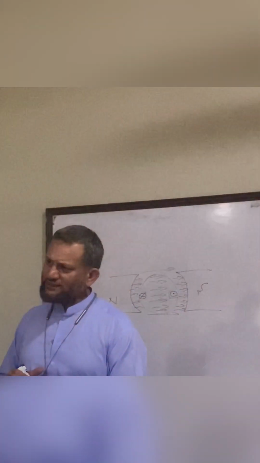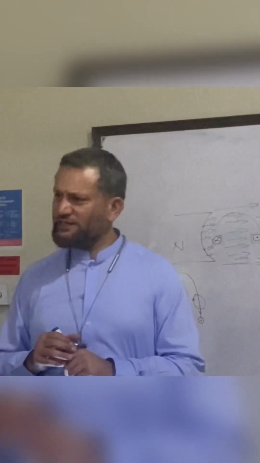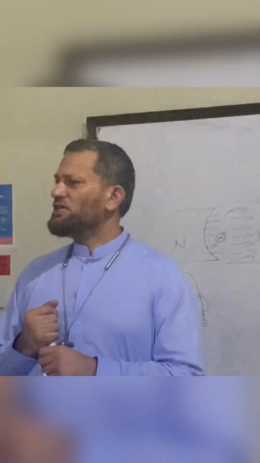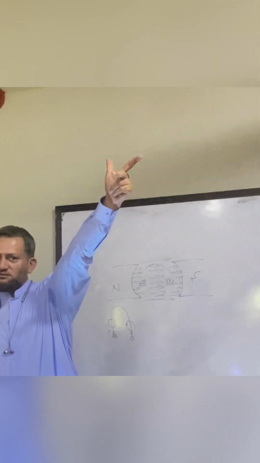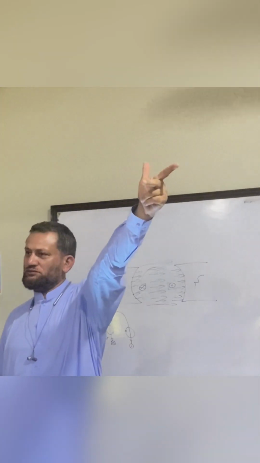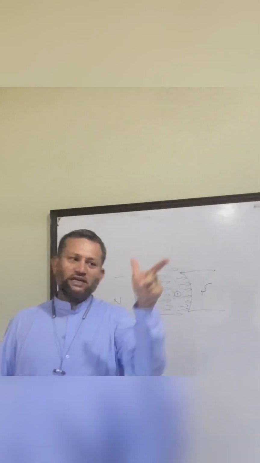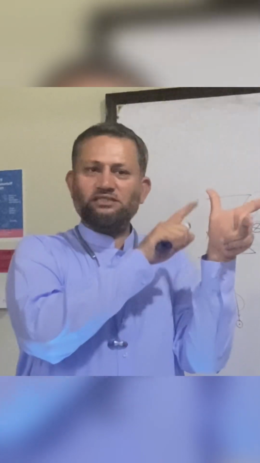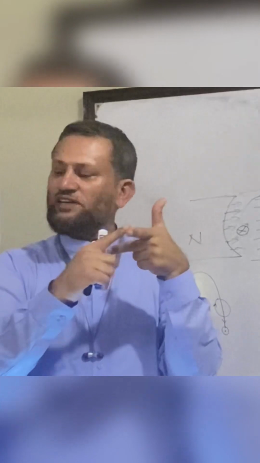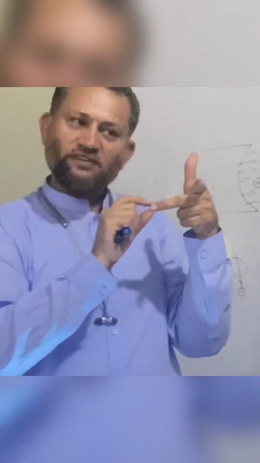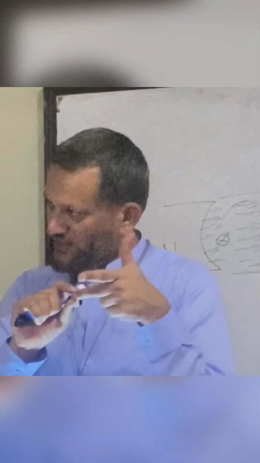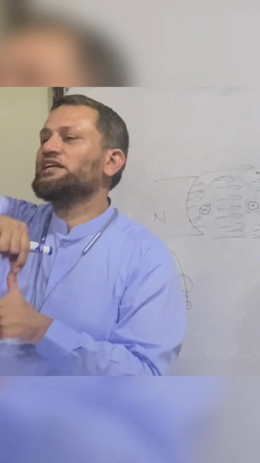By the way, the direction of force on a current carrying conductor in a magnetic field can be determined by Fleming's left hand rule, where the first finger is for the direction of magnetic field, the second finger is for the direction of current, and the thumb is for the direction of force.